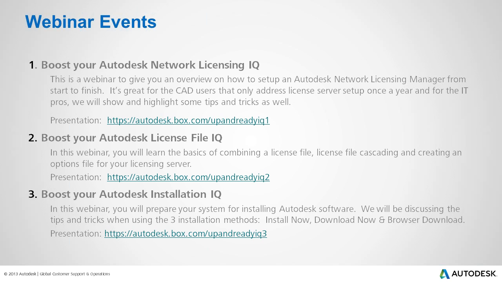So how to combine the license file in case you have many different license files, how to read the license file, how to identify issues in building the combined license files, and so forth. The third one was related to the installation IQ. In the third webinar we discussed issues related to Autodesk product installation, mainly installation done through the web interface like Install Now or some other installation methods we have.